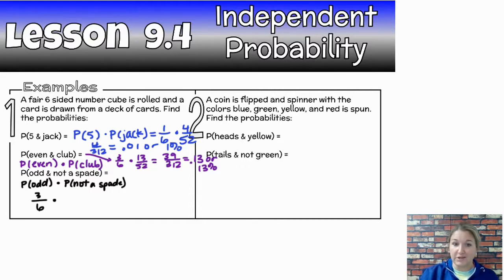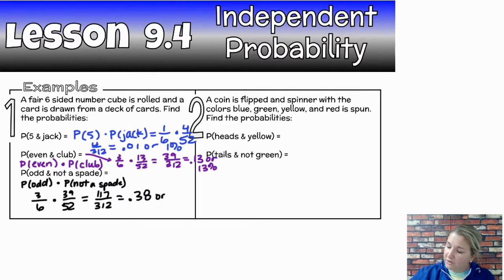The rest of them would not be a spade. So that's 39 over 52. Either way works. Then multiply top times top and bottom times bottom, and you get 117 over 312. Again, you can reduce this, but you don't have to. It ends up being 0.38 or 38%.